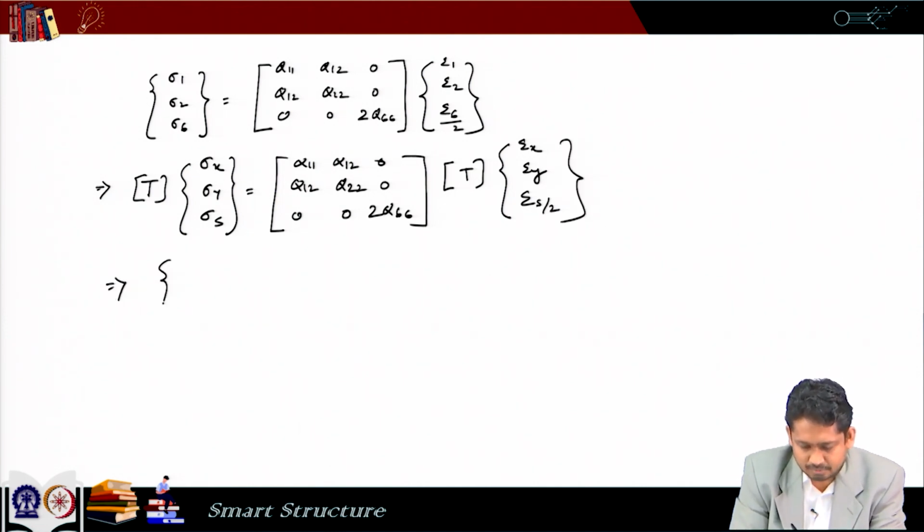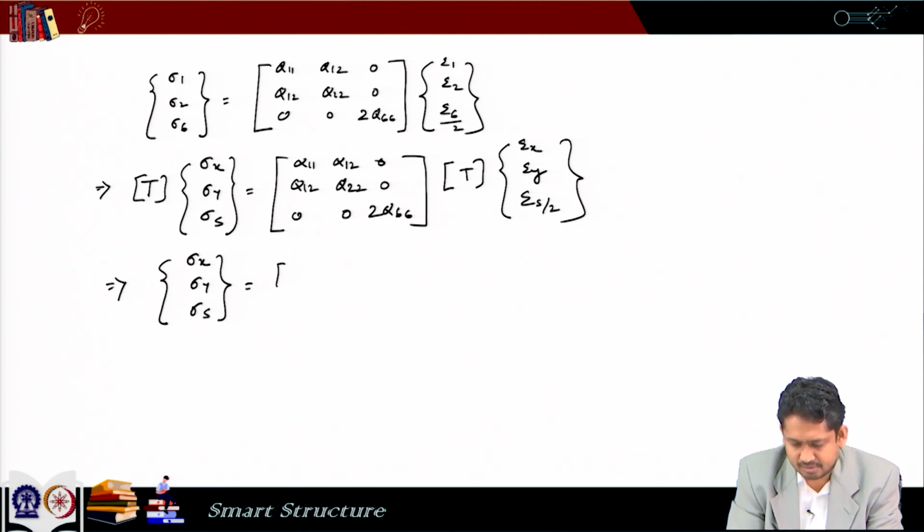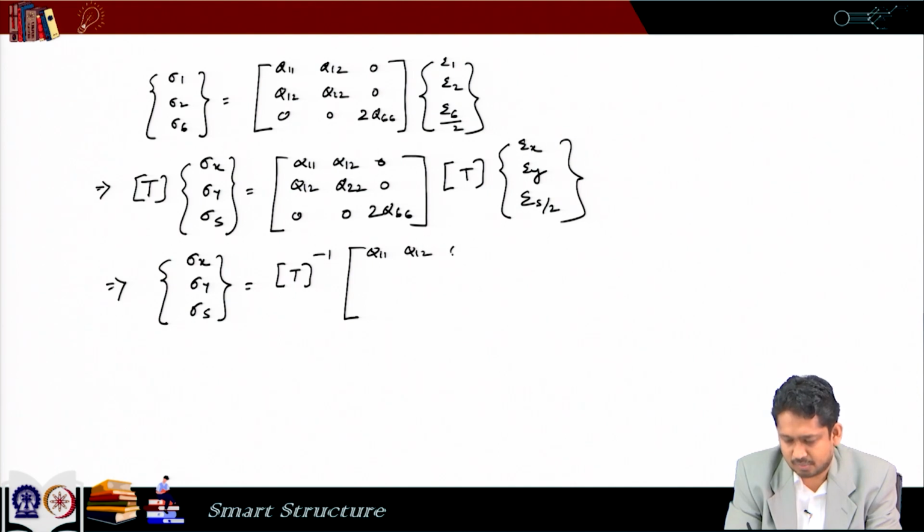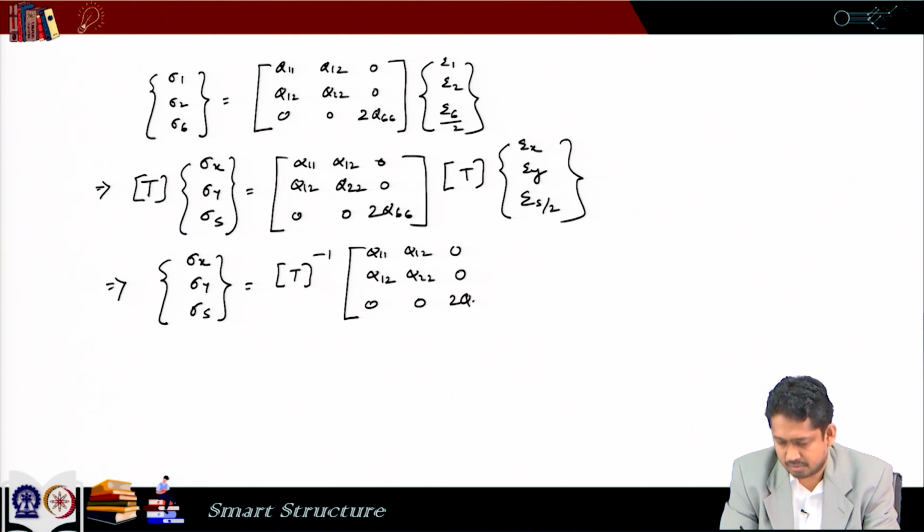Now, we can bring it to this side, and now we can write T inverse multiplied by q11, q12, 0; q12, q22, 0; 0, 0, 2 q 6.